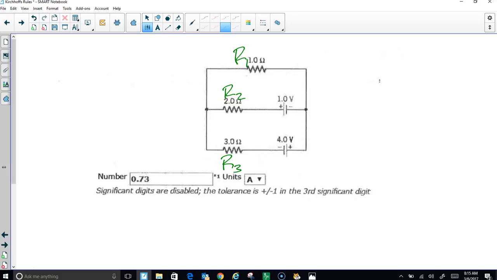While you're doing that, also mark down, to help us with the loop rule later, some points: A, B, C, D, E, F. I'm using these letters to help me describe for myself various junctions or loops that I might try to use.